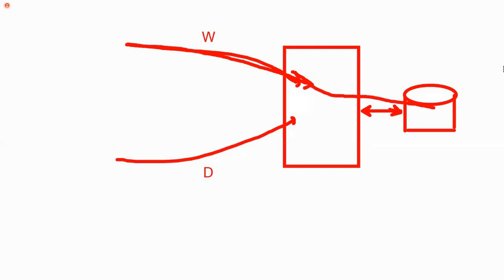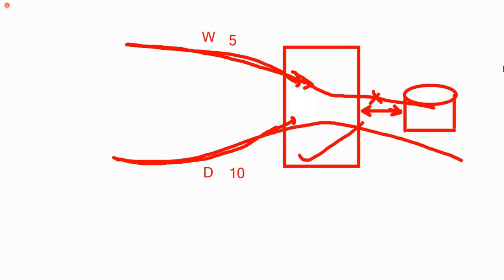But then this one came. Suppose this priority is 10 and this priority is 5. Then the running thread is also stopped, this one enters and finishes, and after that the other one is started.